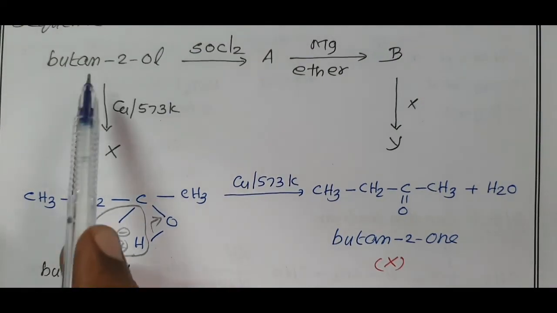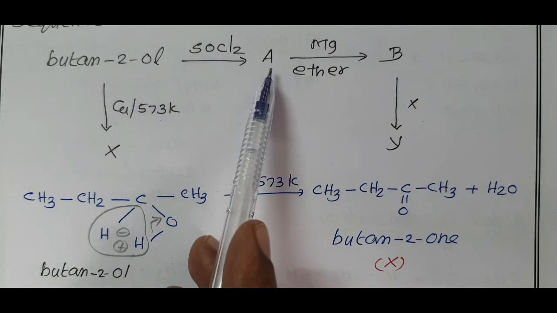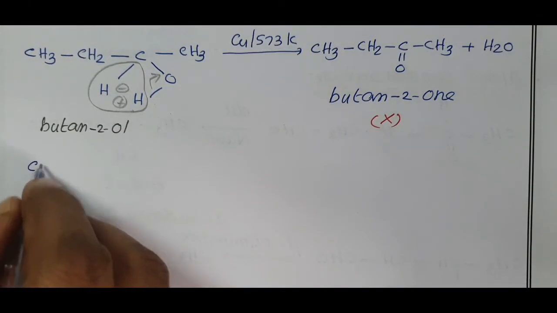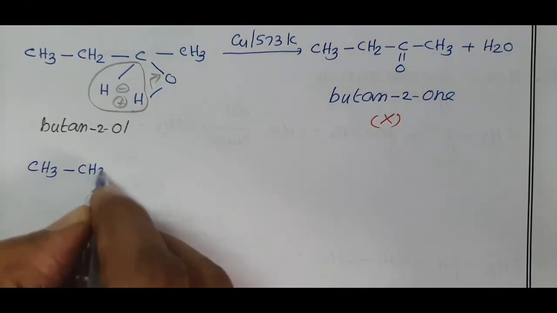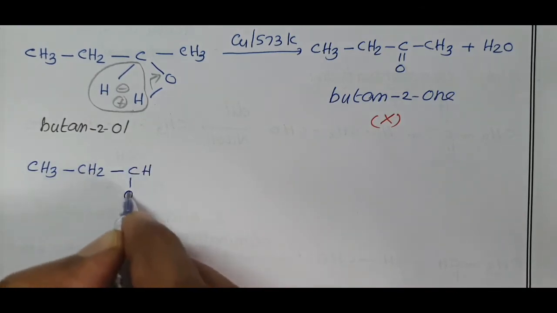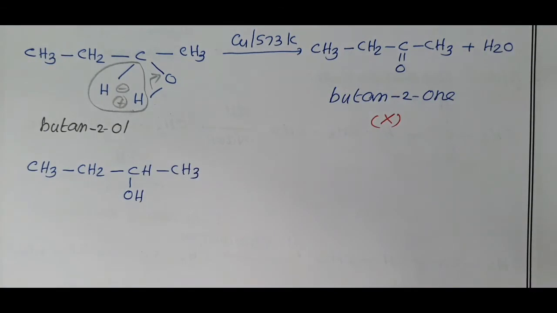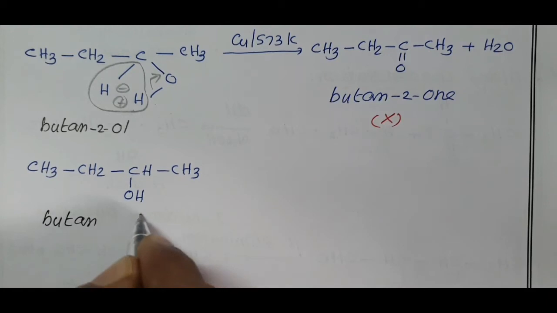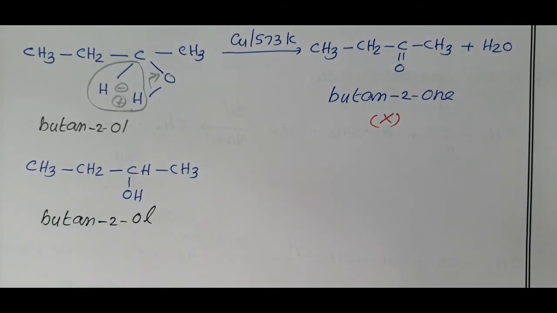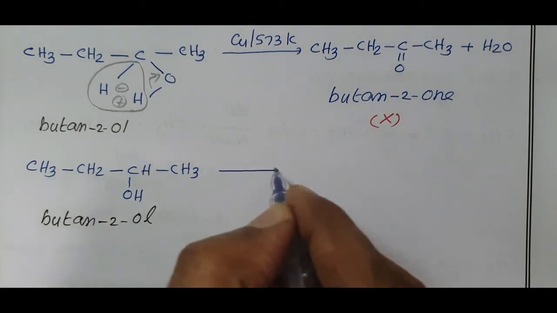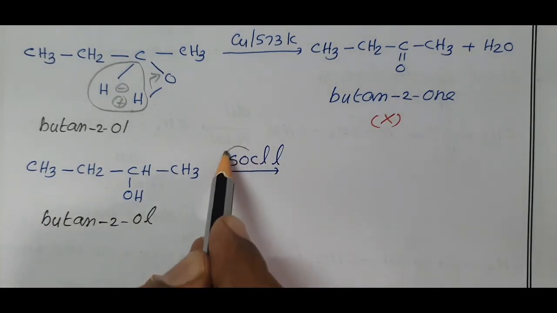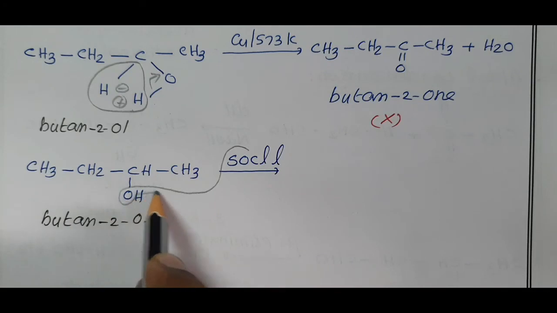Butan-2-ol, secondary butyl alcohol, CH3, CH2, CHOH, when treated with thionyl chloride, SOCl2, undergoes a nucleophilic substitution reaction giving A. One oxygen and one S are removed as SO2.